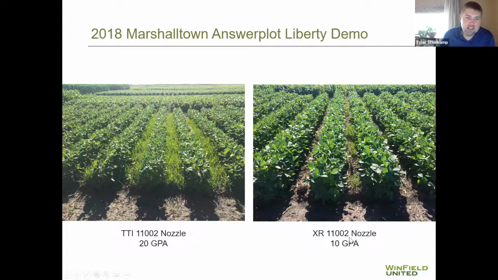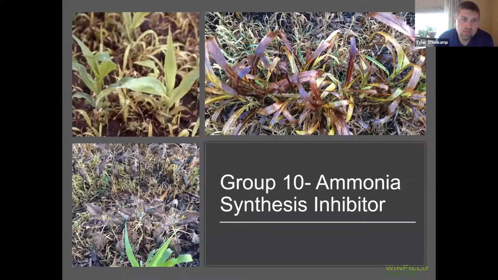Now, even in this 10 gallons per acre, we definitely did miss some weeds. But actually, the next plot over here, we did 20 gallons per acre. And that one over here is completely clean. Okay, so nozzles, gallons per acre, really, really important to make sure we're getting good herbicide control.